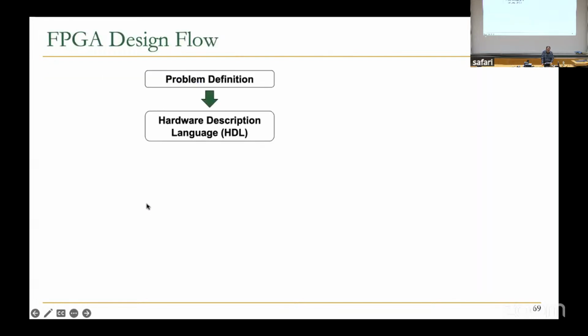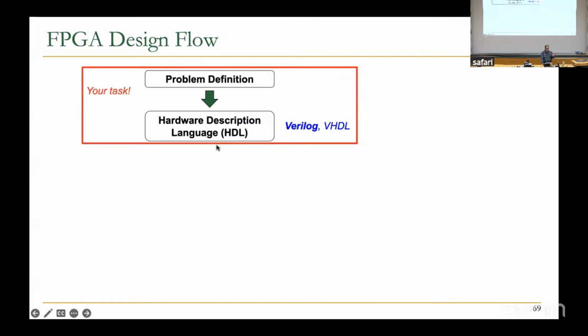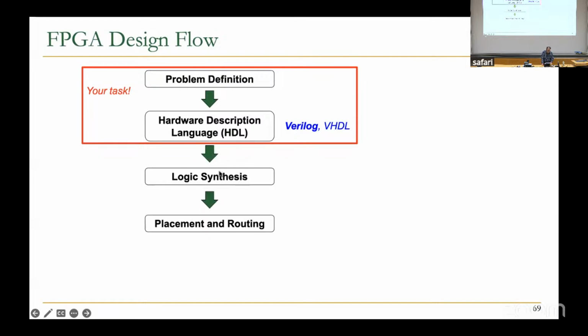But luckily, we have CAD tools. We have this problem definition, and then we use a hardware description language like Verilog or VHDL, which you're going to see in a bit. That's your job, or our job. After that, we will use CAD tools. There is logic synthesis, which synthesizes your Verilog program into logic. Then there is placement and routing, to place your logic on all these FPGA configuration blocks and route them by configuring all these switch blocks.